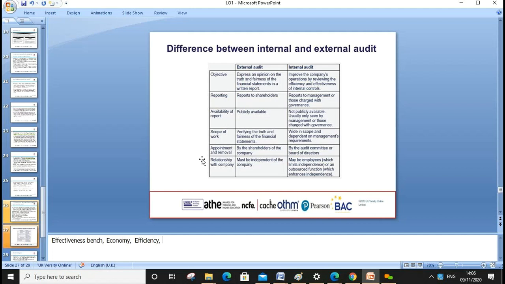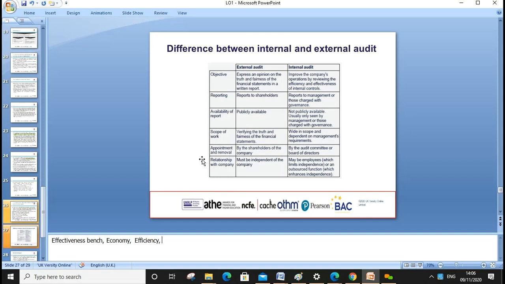Reporting: external is always reporting to the shareholders, but internal is reporting to the management. The audit report is publicly available for external, but internal is not available publicly. The scope of external audit is to verify the truth and fairness, but the scope of internal audit is more the management requirement.